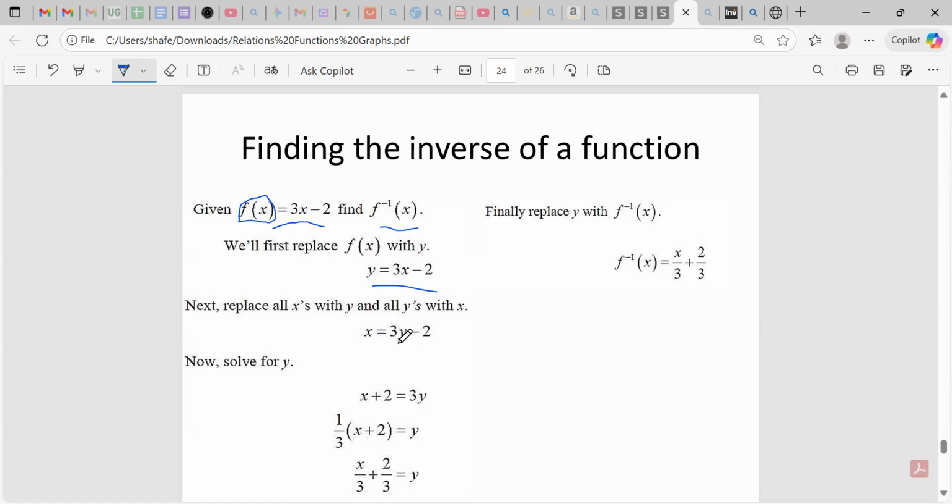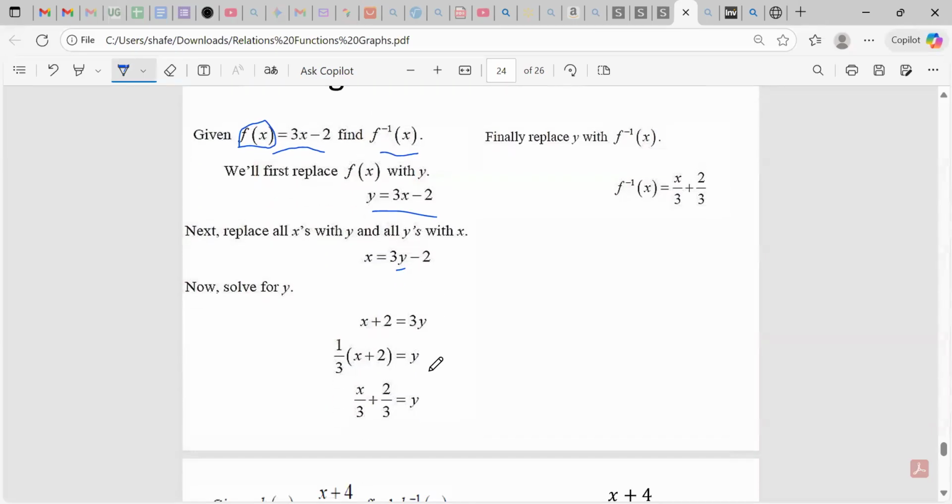And then now we make y the subject again, right? And remember I talked about transposition the last day. Transpose to make y the subject. So we take the 2 over, that's what we did here. And then we take this 3 over and divide everything. So you can leave it like this or you can write it like this.